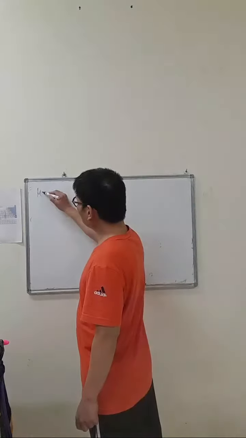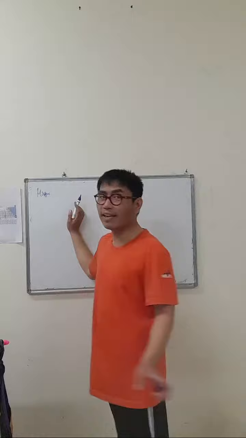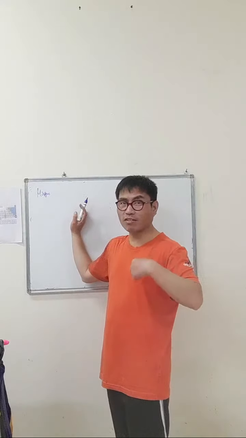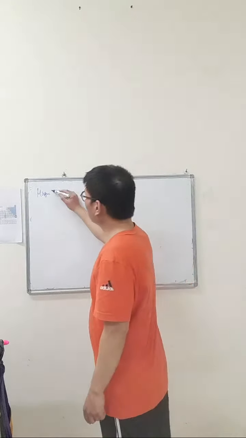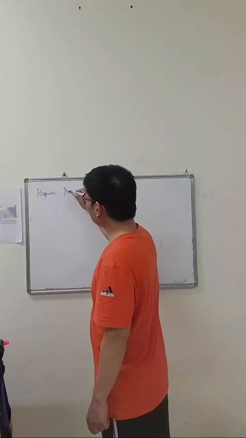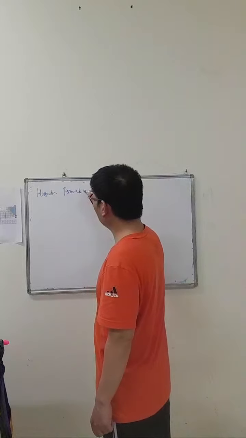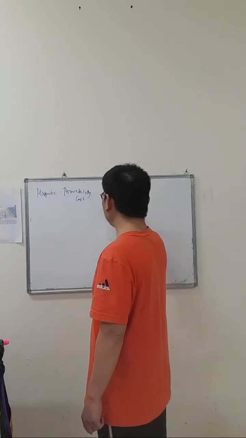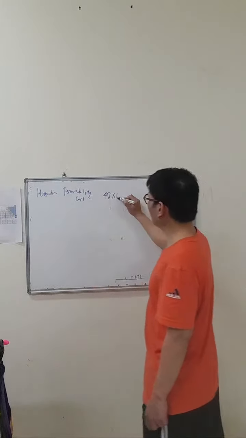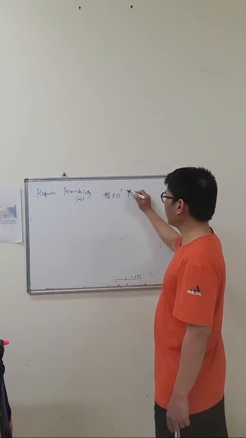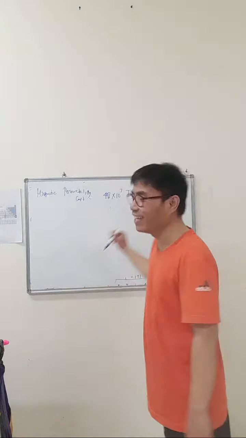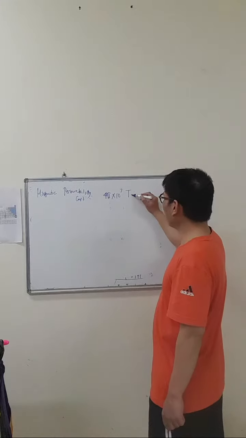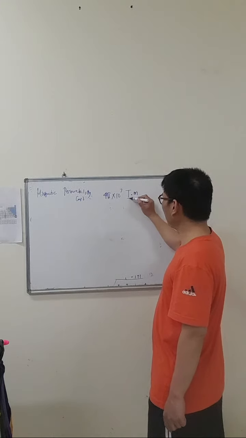If there is no word magnetic, it is understood to be the permeability constant of the magnetic force. It is 4 pi times 10 to the negative 7 Tesla meter per ampere.